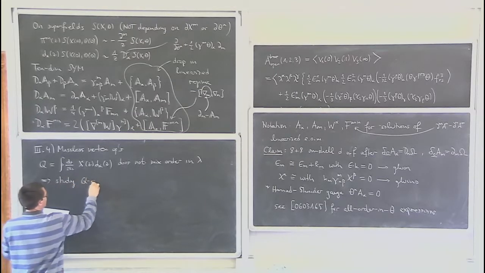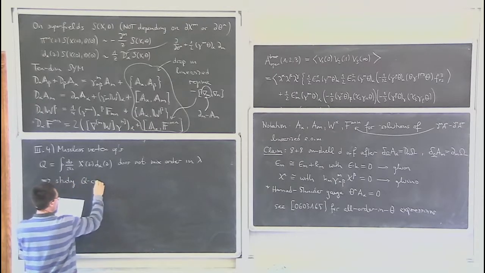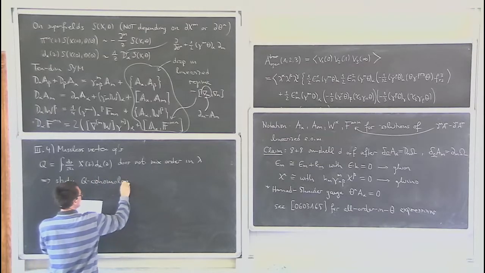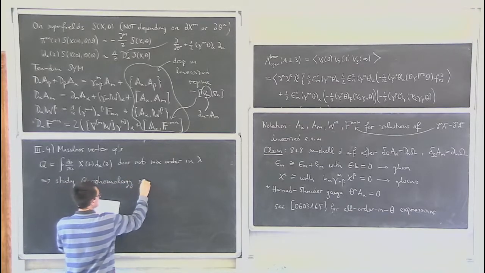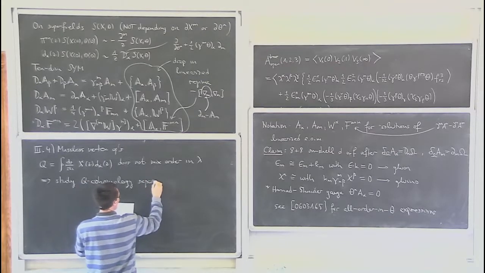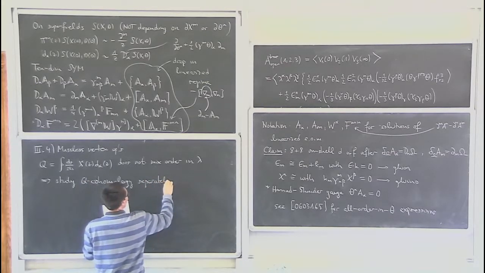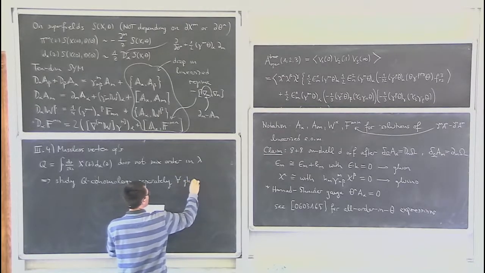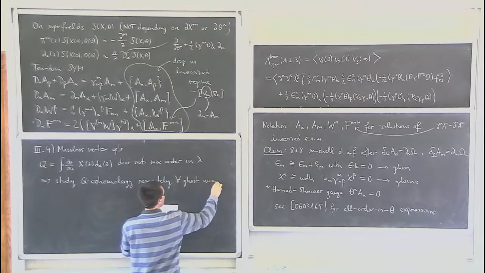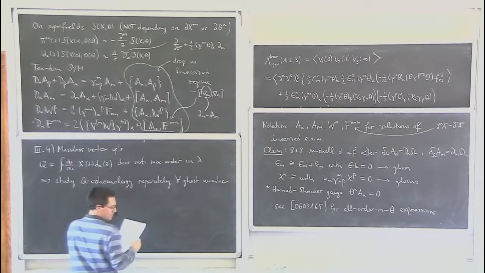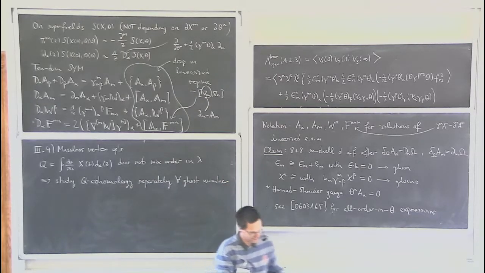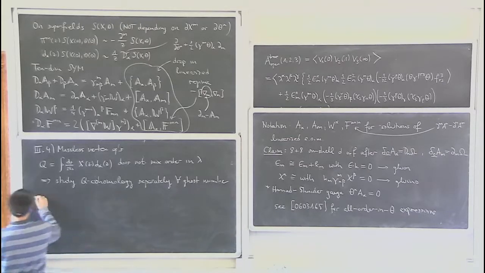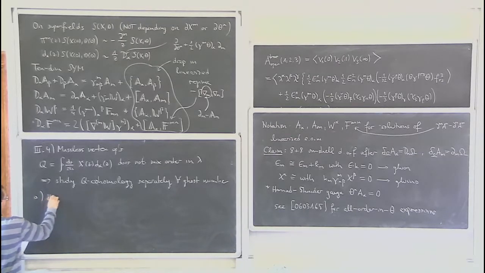So we can do the cohomology analysis order by order. We can study the cohomology separately at each ghost number. So let's start off with ghost number 1.